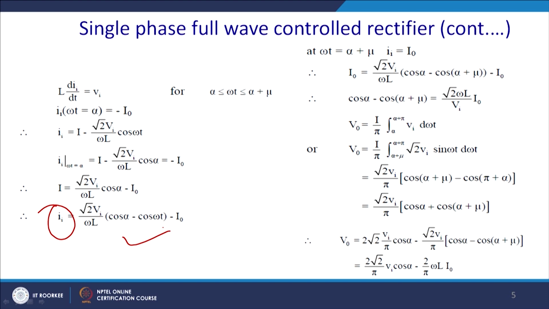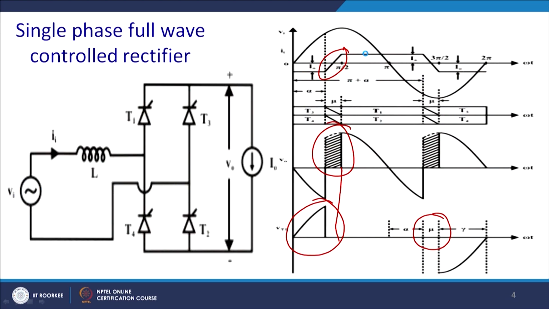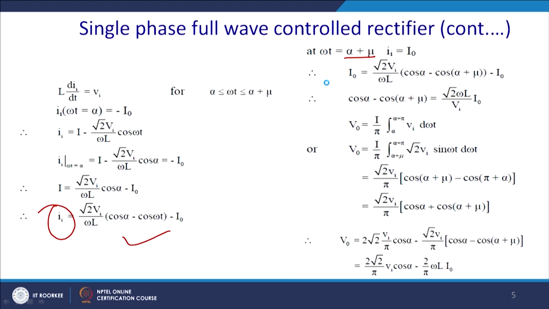At omega t equal to alpha plus mu, this value, you can refer back to this figure, is basically I0. So, this is the average load current flowing across the load, and we assume a constant load current. So, at alpha equal to mu, the input current becomes I0.